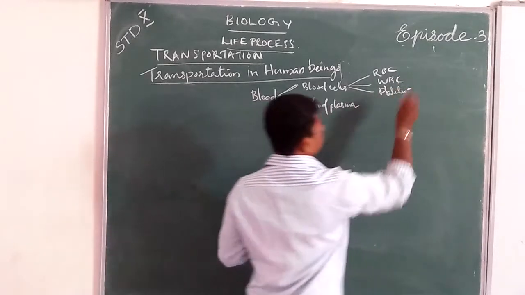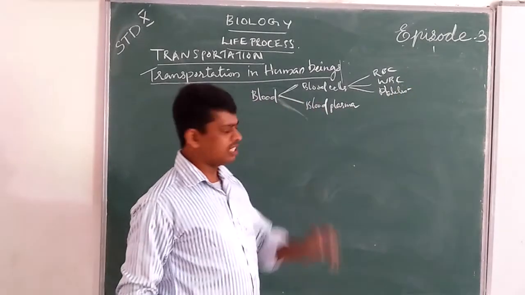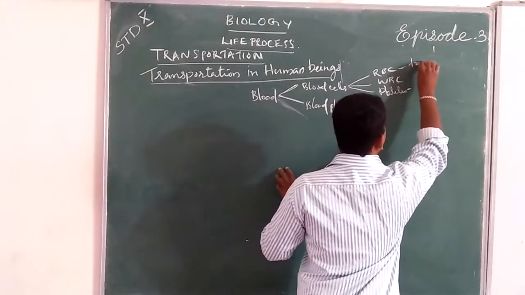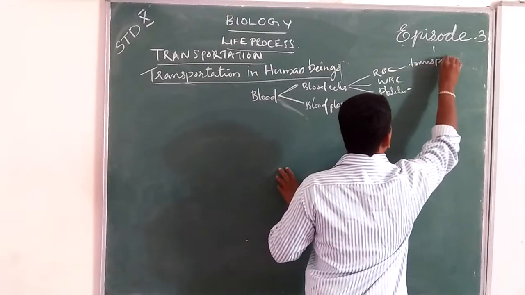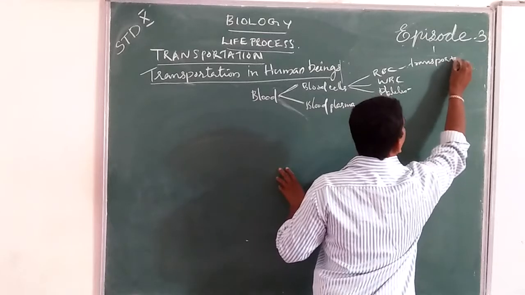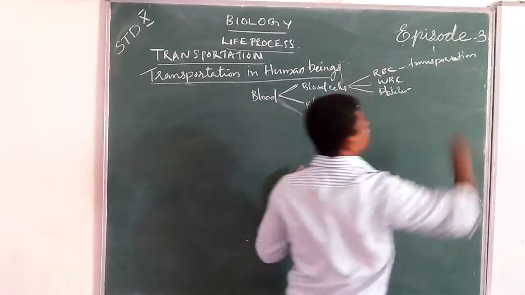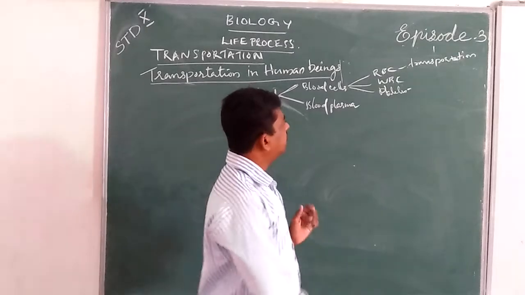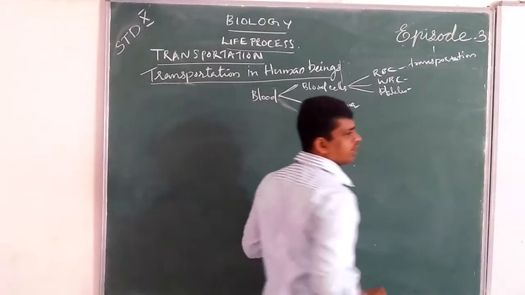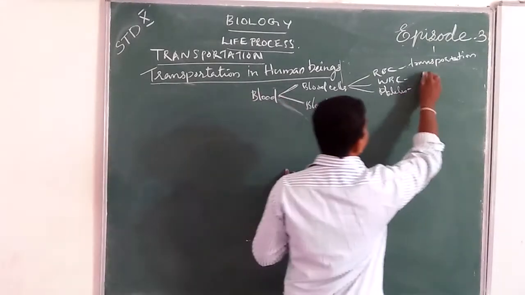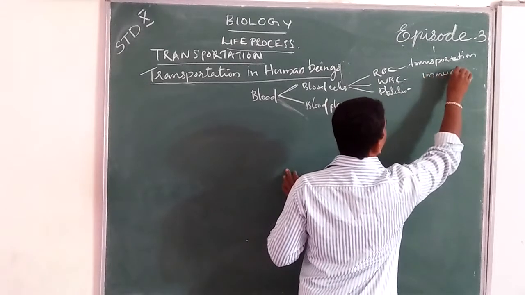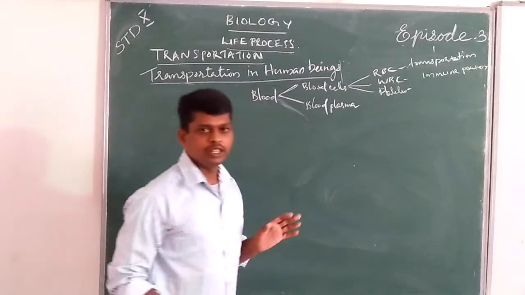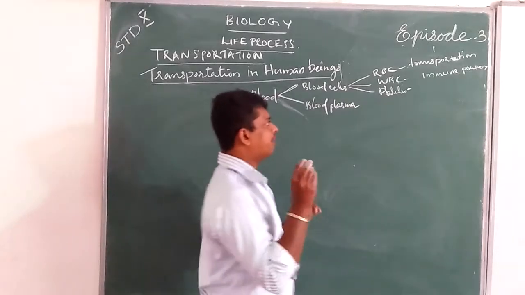What are the functions of these three blood cells? RBC's function is transportation of oxygen, carbon dioxide, nitrogen, etc. And the function of WBC is to provide immune power.